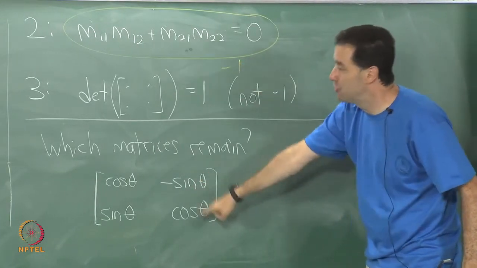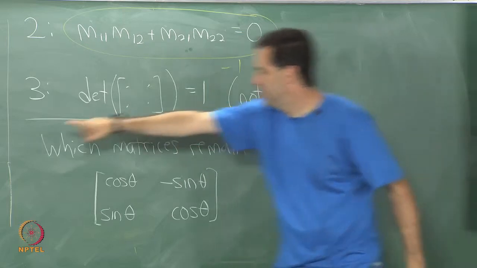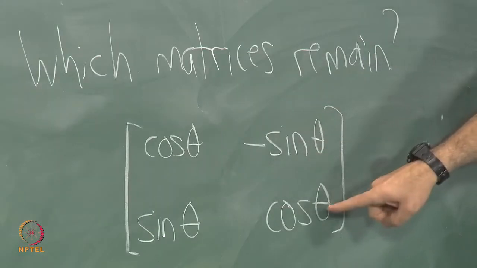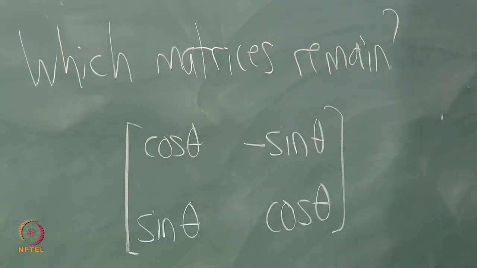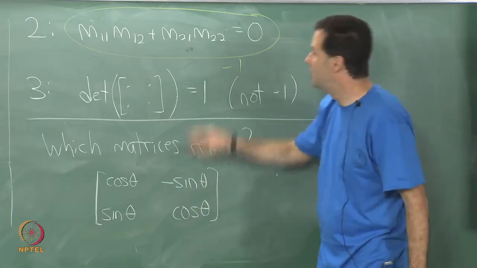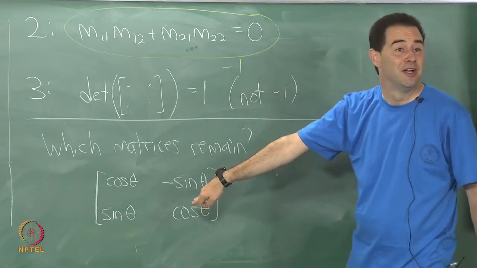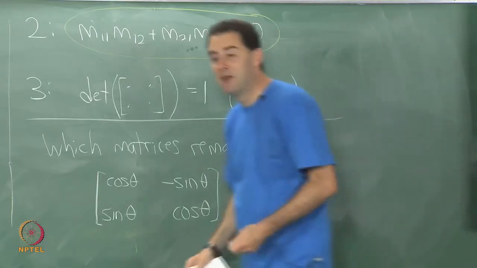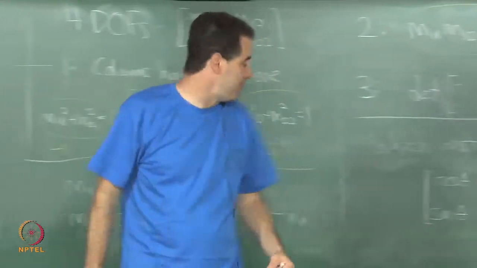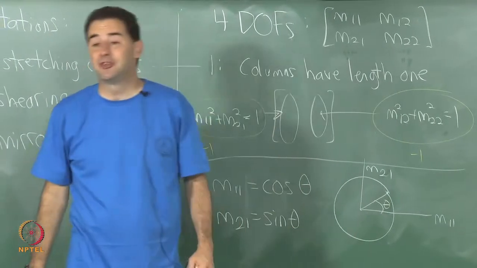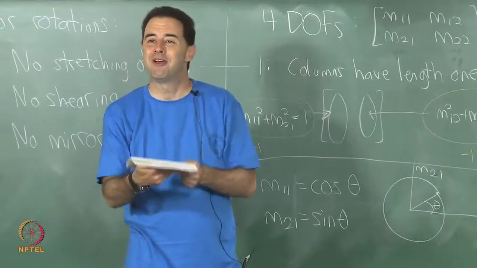You can easily see that constraint number 1 is satisfied for the second column, because when I square these and add them up, I get that famous trigonometric identity, sum of squares of sine and cosine is 1. So that happens for the columns. The inner product clearly works and adds up to be 0. So these are the matrices that remain, and a beautiful parameterization has been found by simple recognition that these fall onto a unit circle. So 2D rotation ends up being very easy for that reason.